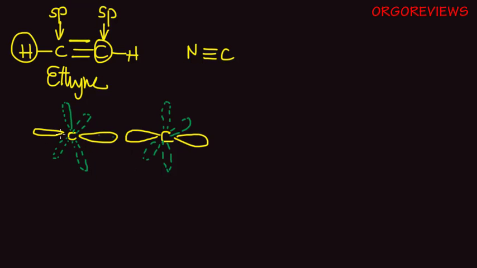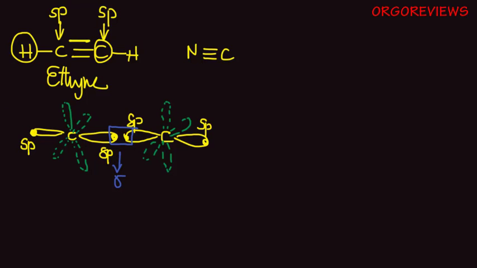So the electrons found in the hybridized orbitals, so these are the sp orbitals, can engage in a sigma bond. So this sp will overlap with that sp to form a sigma bond.